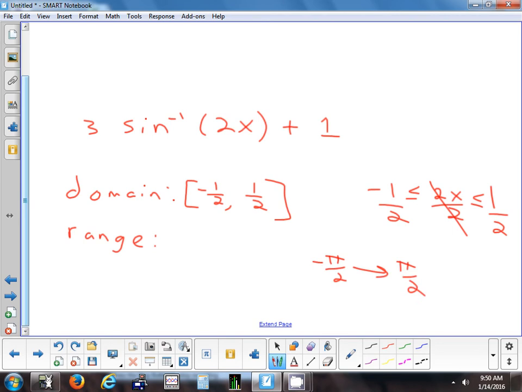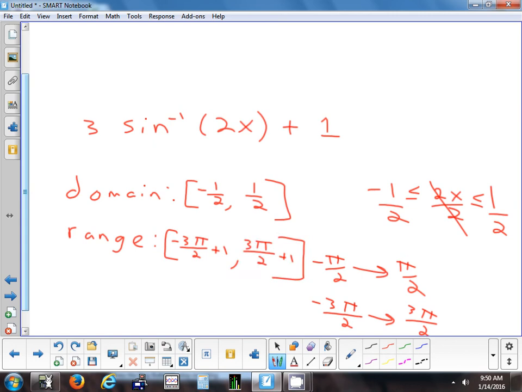So it's going to become -3π/2 to +3π/2. That's a vertical stretch. And the last thing we're going to do is shift it up 1. So my range becomes -3π/2 plus 1, comma, 3π/2 plus 1.